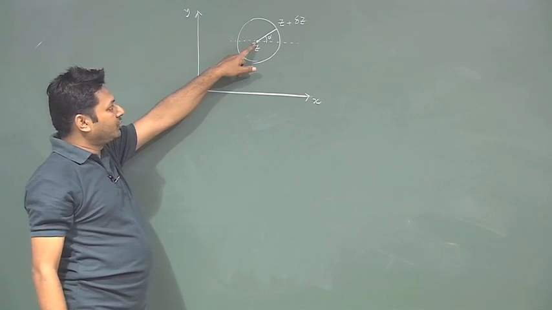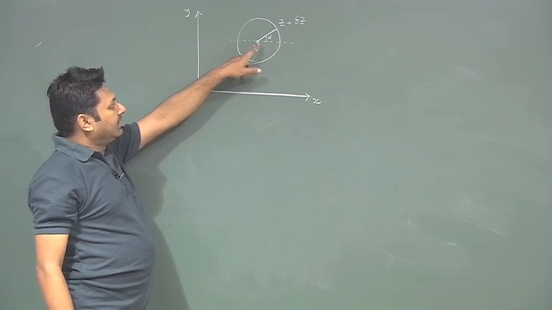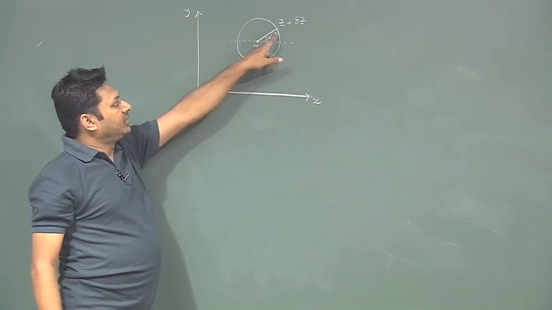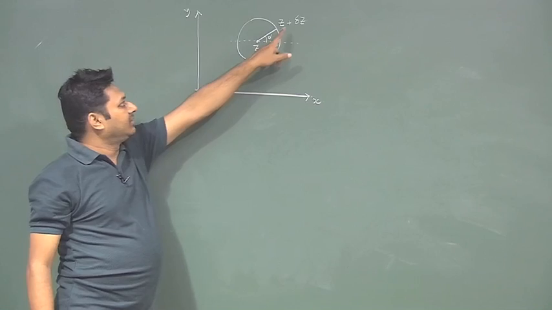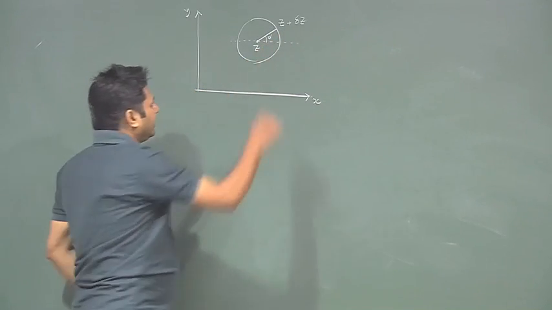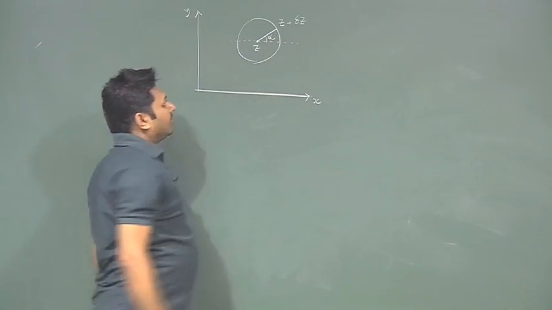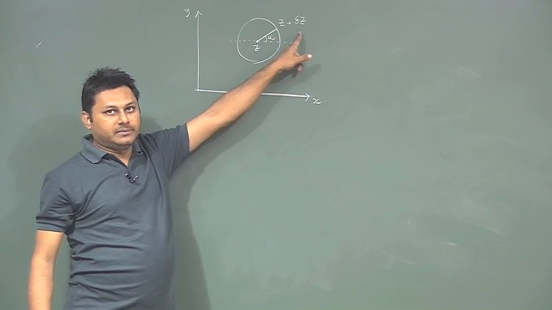If I want to approach the point z, I change the point in some direction making an angle alpha, and this is my delta z, the small increment of this point.